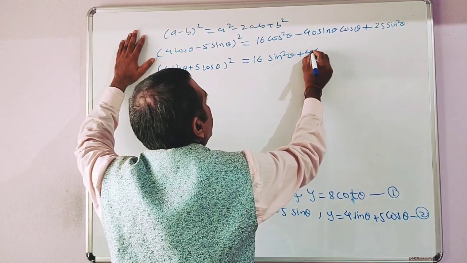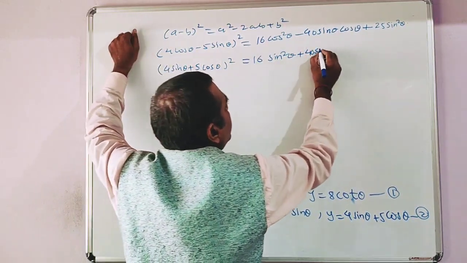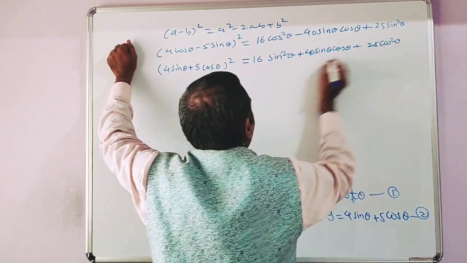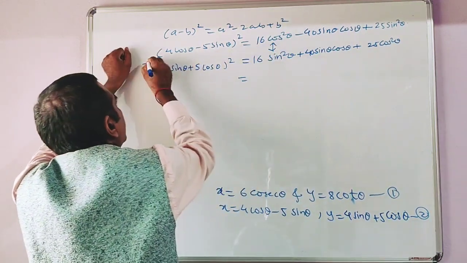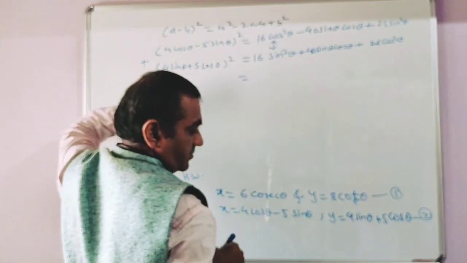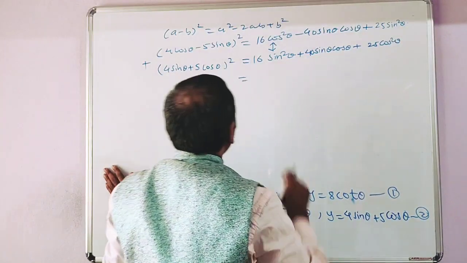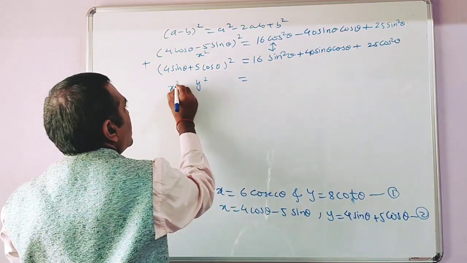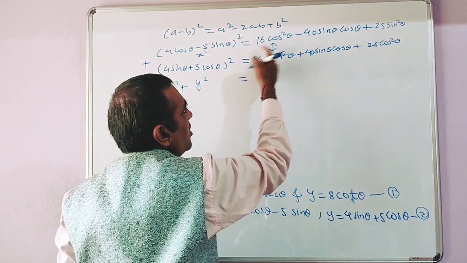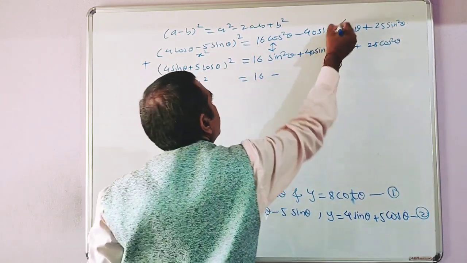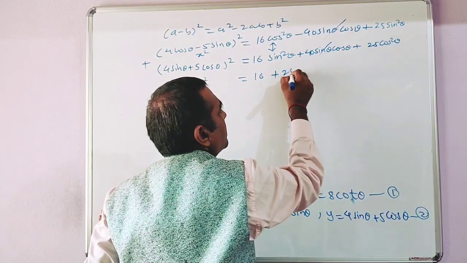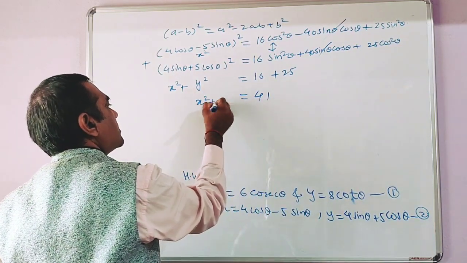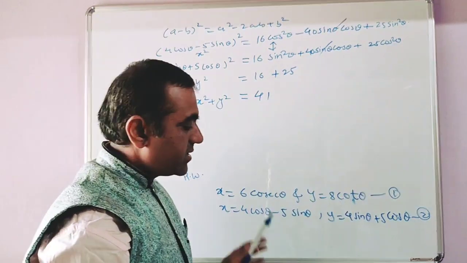This gives 16 sin square theta plus 2 times 4 times 5, which is 40 sin theta cos theta, plus 25 cos square theta. Addition of these both: this is x square and this is y square. So x square plus y square is equal to 16 common, cos square plus sin square is 1, so 16. These both get cancelled. 25 common, cos square theta plus sin square theta is 1. This is nothing but 41. So x square plus y square is equal to 41. We eliminate this theta here.